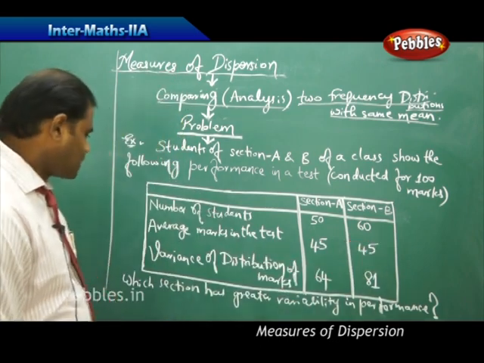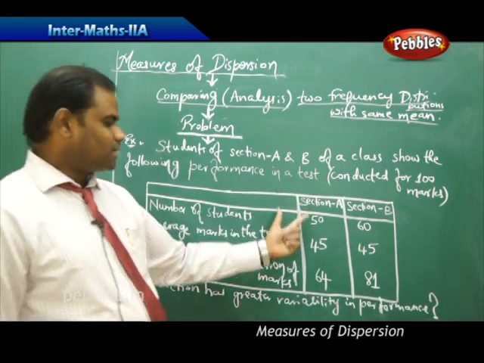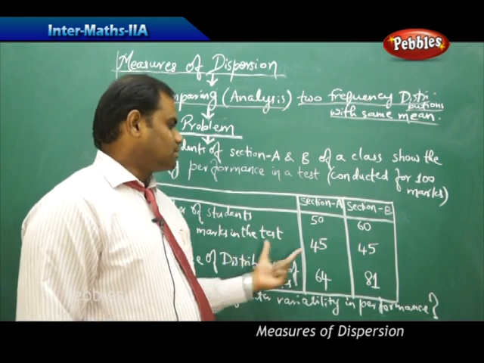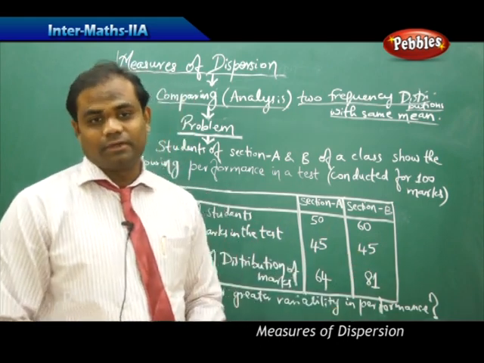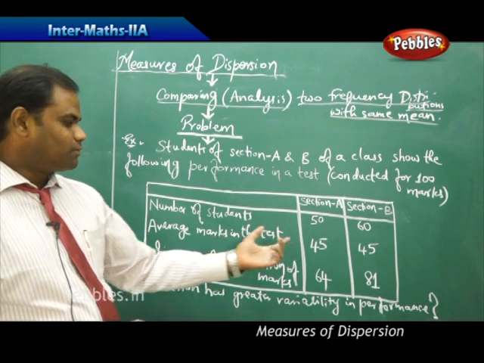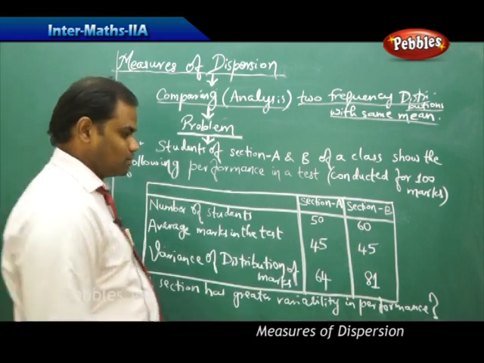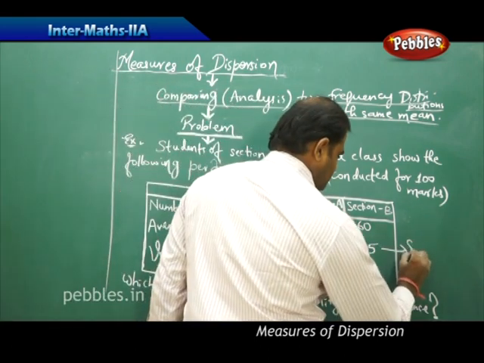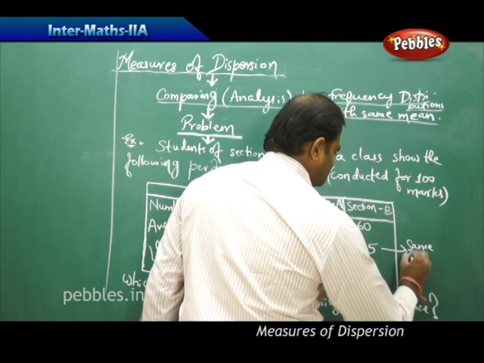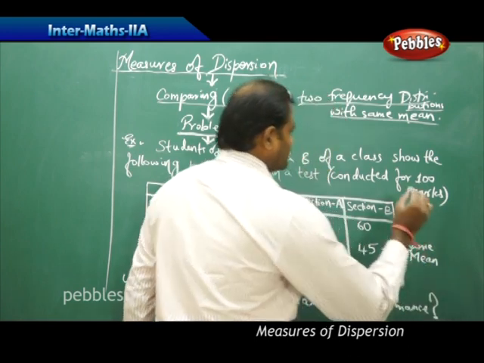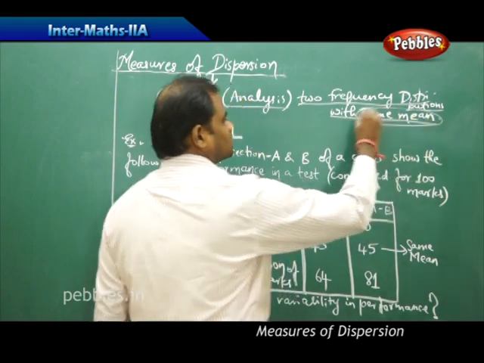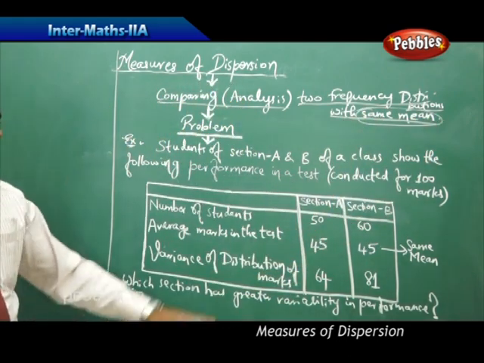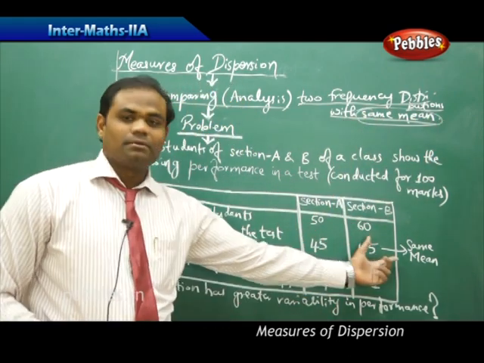Now average marks in the test of section A is 45 and average marks in the test for section B is also 45. So the whole of average is 45 in each section. So this gives us the condition that it has same mean. That is, for same mean we use the condition where this example exactly fits in.